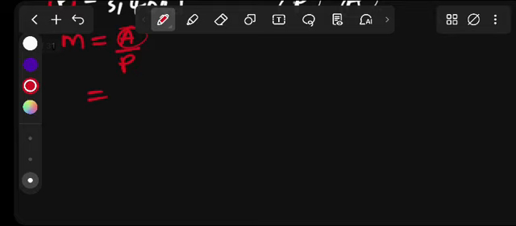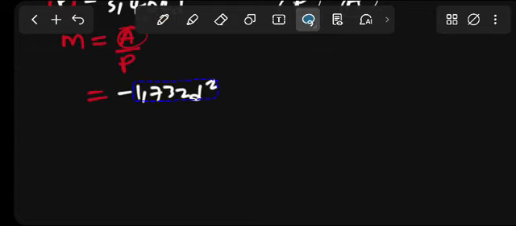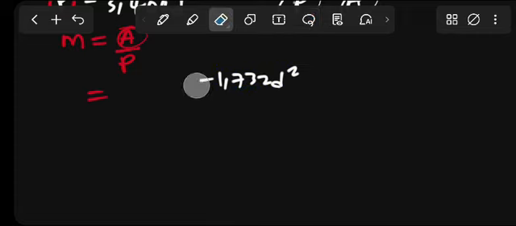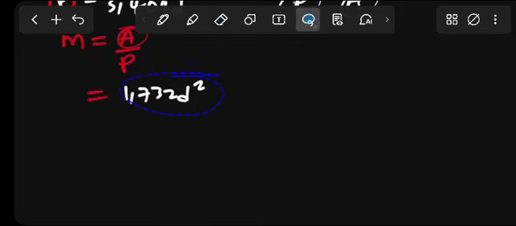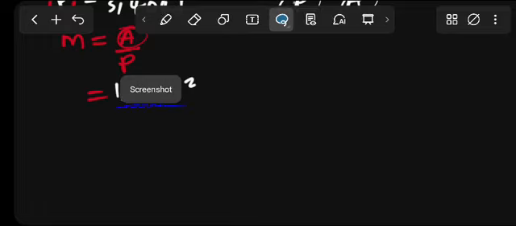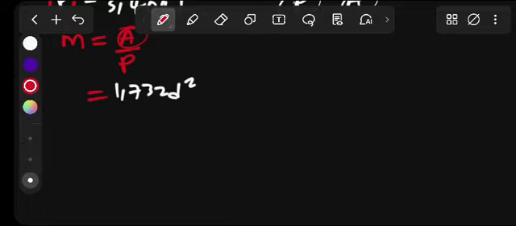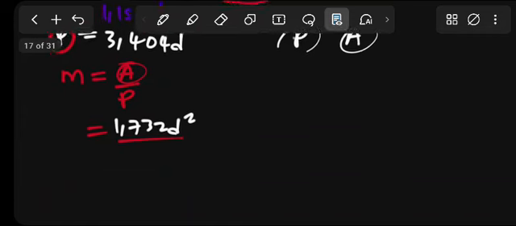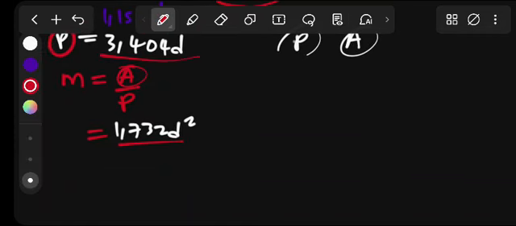We have this area. Divide this by what? By weighted perimeter. Weighted perimeter, here it is. We just calculated it now, it is 3.404 D. All right.